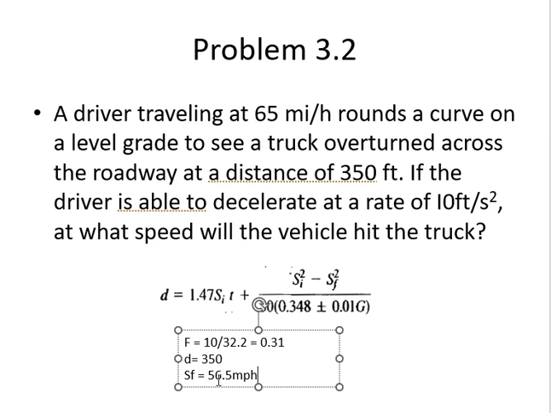This is positive, negative? Positive. Because it's a quadratic equation, you will get two answers. You have to pick one, right? So if you get a negative answer, you ignore it. Take the positive one. Anyways, you can see 56.5 miles per hour.